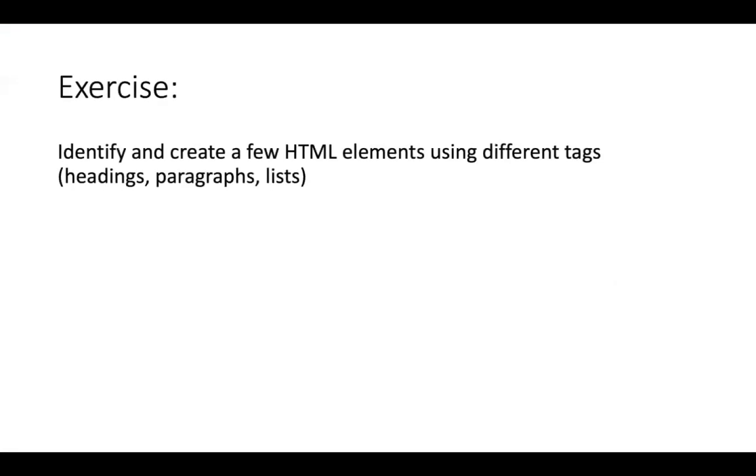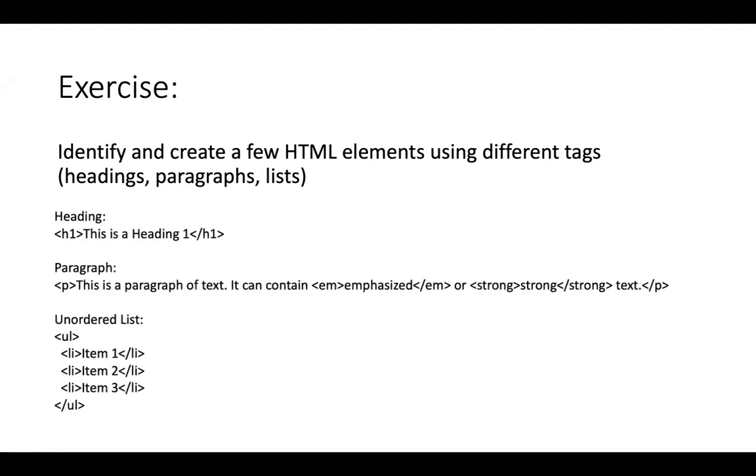The next thing, here we have an exercise. Identify and create a few HTML elements using different tags. Okay, let's see what those are. It asks for headings, paragraphs, and links. Here, heading. This is how you can give a heading.